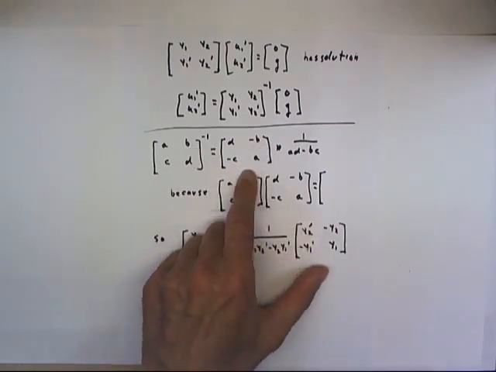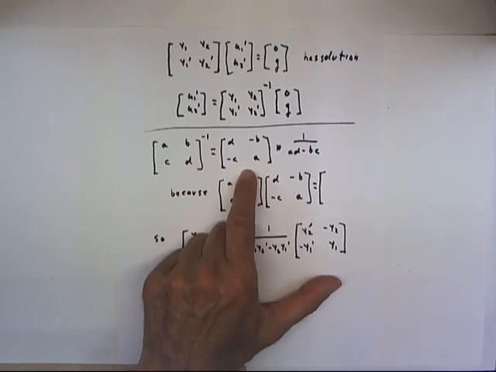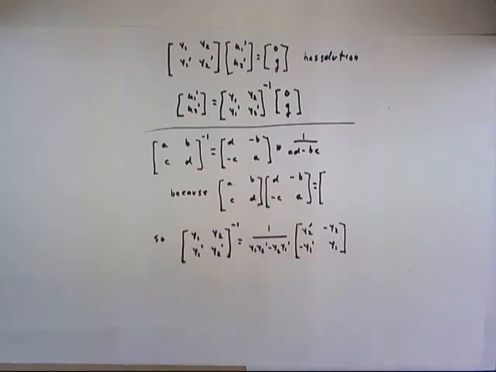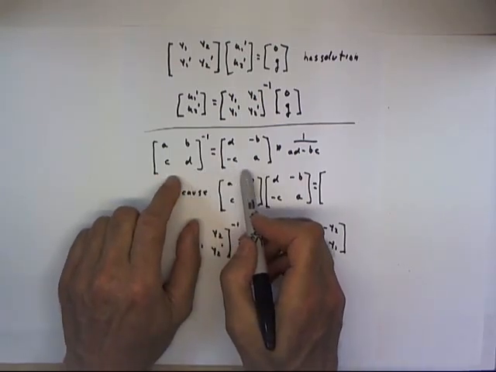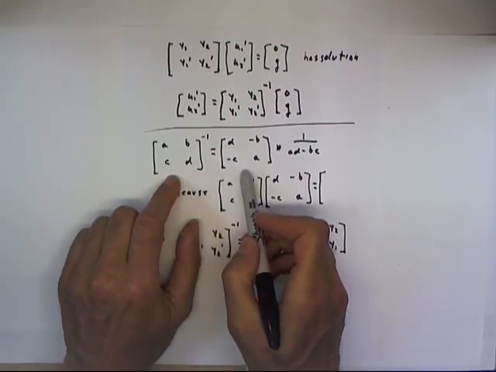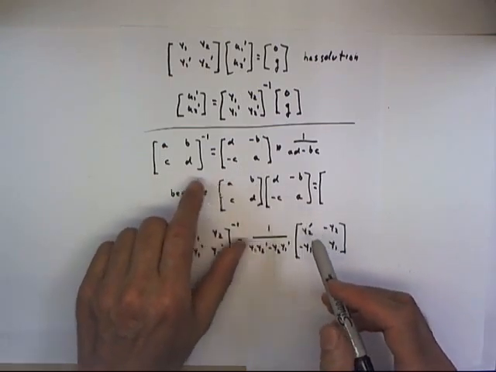Now that's not a very sophisticated method. It doesn't translate over into higher dimensions, because of course we can end up with matrices of 3 by 3, 4 by 4, etc. We can end up with much bigger matrices, and this method is not going to work for those bigger matrices. For bigger matrices, you're probably going to use row reduction or some semblance thereof in order to invert a matrix.